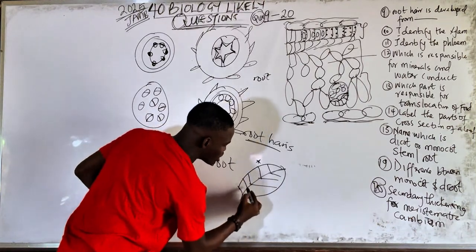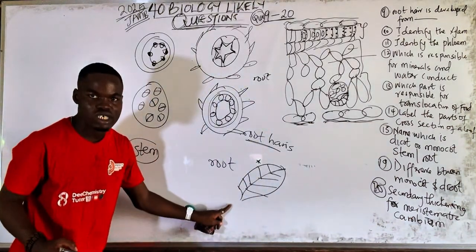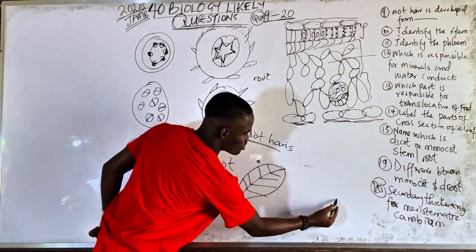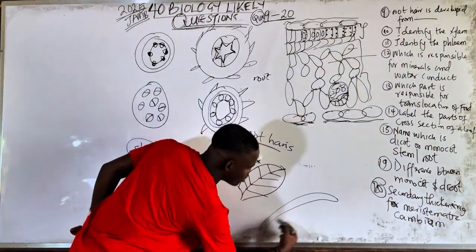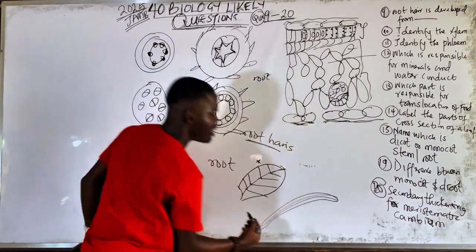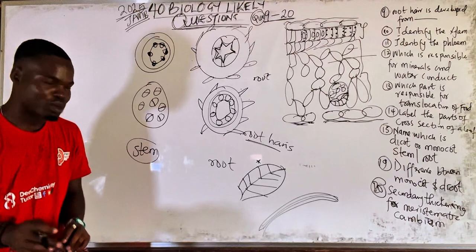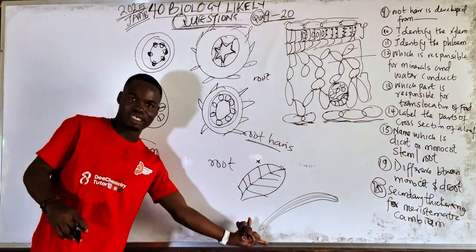That is, the leaf veins are in the form of networks. While monocot, because it is less advanced, has parallel venation, like this. You understand? So that is one thing you want to take note of, because this is dicot, this is monocot.